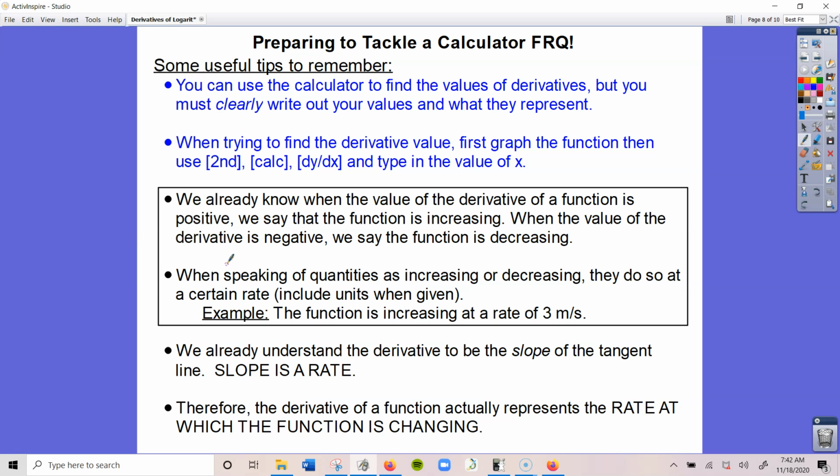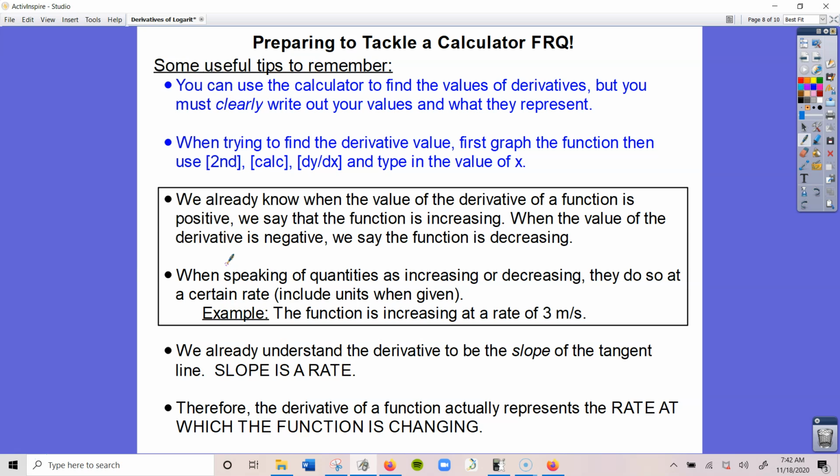And when we write out if the function is decreasing or increasing, we want to make sure that we include the units that are given, if they are given, okay, because functions are increasing and decreasing at a particular rate. So I put an example here. If we get that the derivative is equal to 3, and we are given that our units are meters and seconds, that means that the function is increasing at a rate of 3 meters per second.